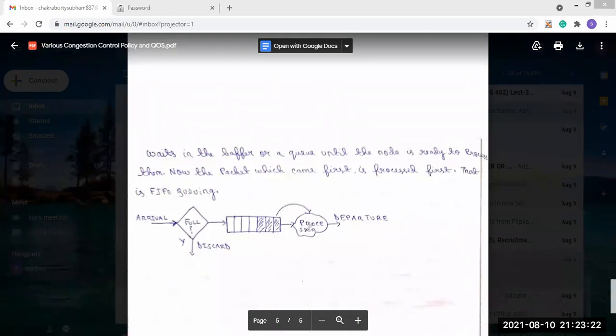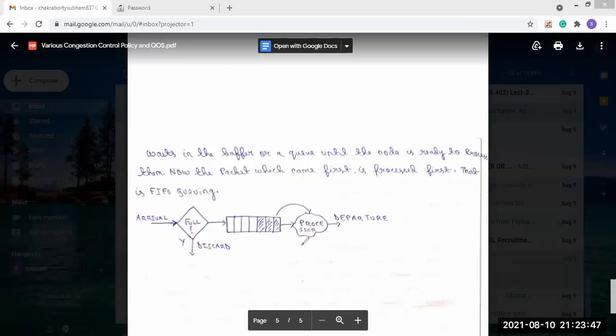That means the first packet will be processed by the processor first, and after processing, the packet departs. So this is the concept of FIFO queuing, a technique to improve the quality of service. That means the packet arrives.